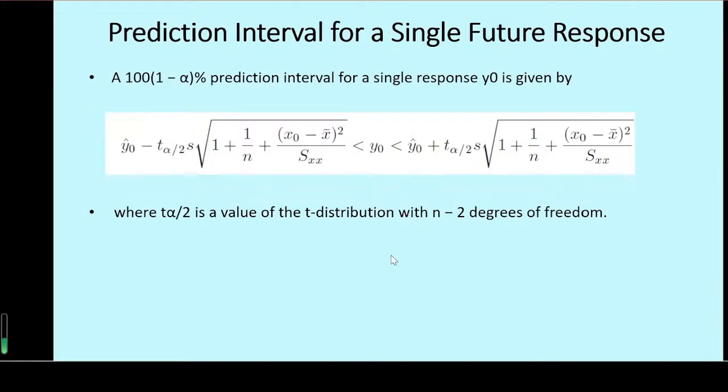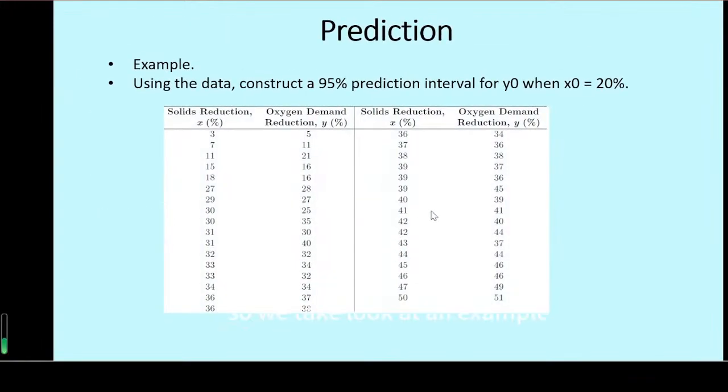So we take a look at an example. Using the data in the table, construct a 95% prediction interval for y0 when x0 is 20%.